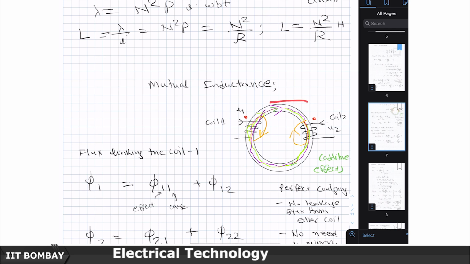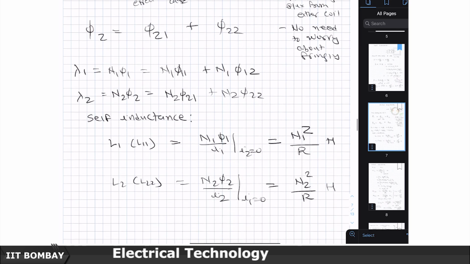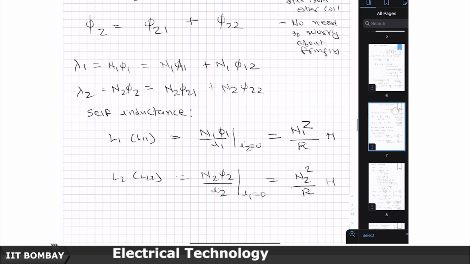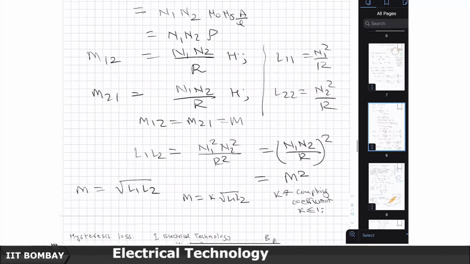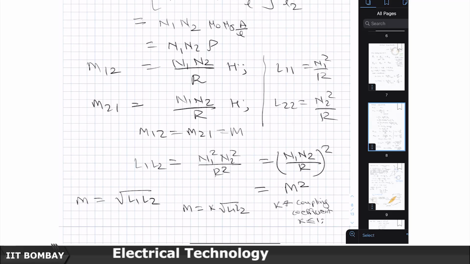So if this was just two coils on a toroidal structure with air inside and nothing more, the coupling coefficient may be just 0.1 or 0.05, a very small value. So, the role of the magnetic material is to increase the coupling coefficient to a value closer to unity.